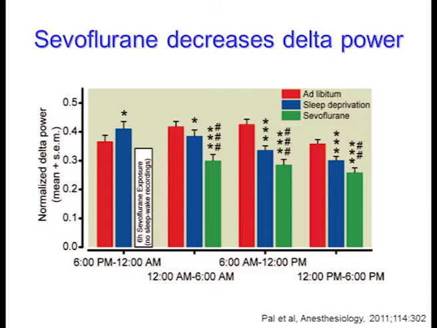And then you can see with the sevoflurane group, the green bars are significantly lower. Showing a lower delta power is essentially a marker for the animal needing less sleep. So basically, that sevoflurane anesthetic was a kind of super sleep. It only took 6 hours to satisfy that need versus 12 hours of normal sleep cycles.